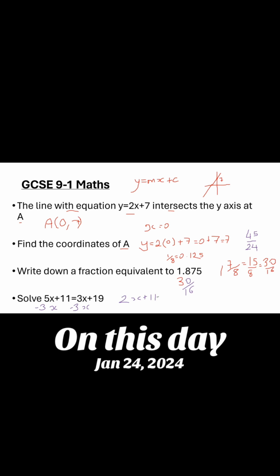I'm now going to subtract 11 on both sides of my equation to balance each side respectively. Minus 11. I'm going to have 2x is equal to 8. 19 take 11 is 8, or 19 subtract 11 is 8.